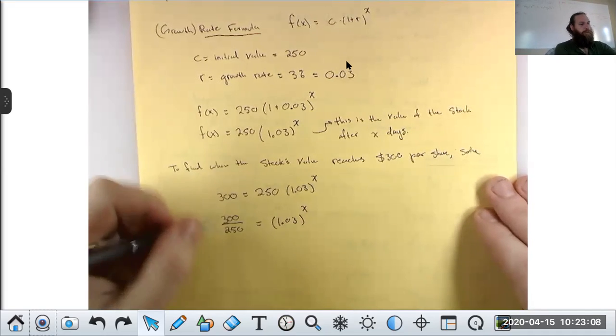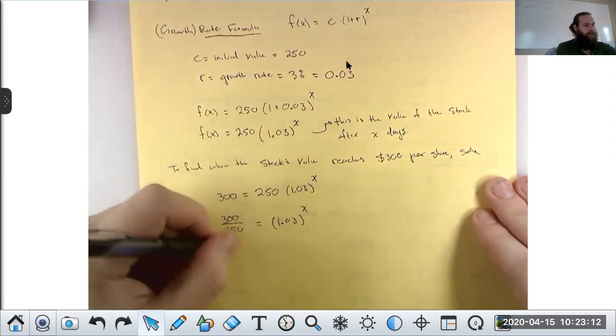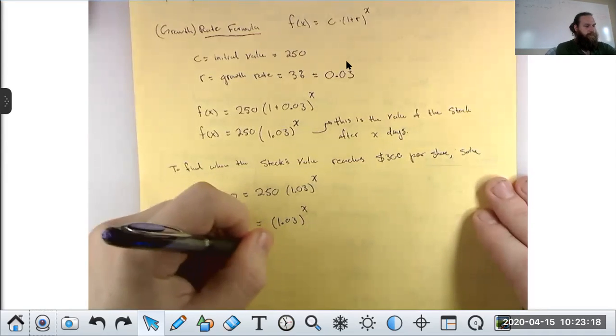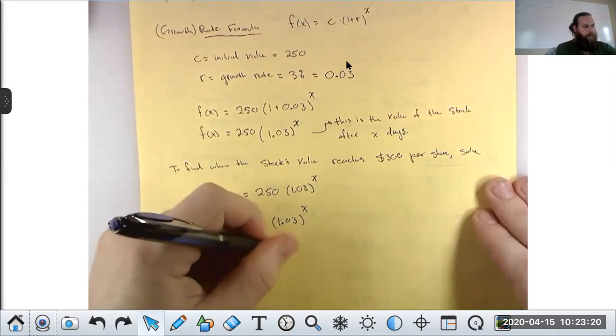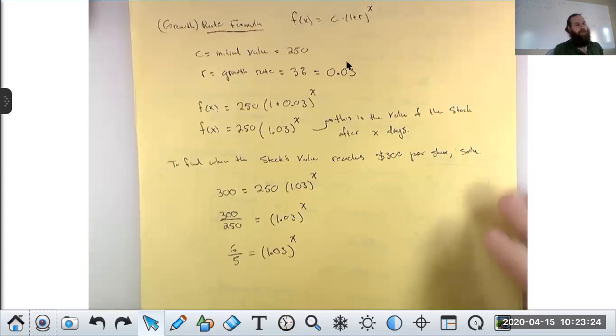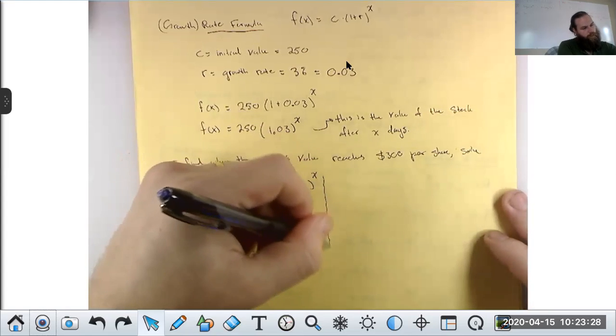And then both of these numbers are divisible by 50, right? So I can cancel a factor of 50 here. 300 is 6 times 50. 250 is 5 times 50. So this is 6/5 equals 1.03 to the x. And then from here, what should I do?